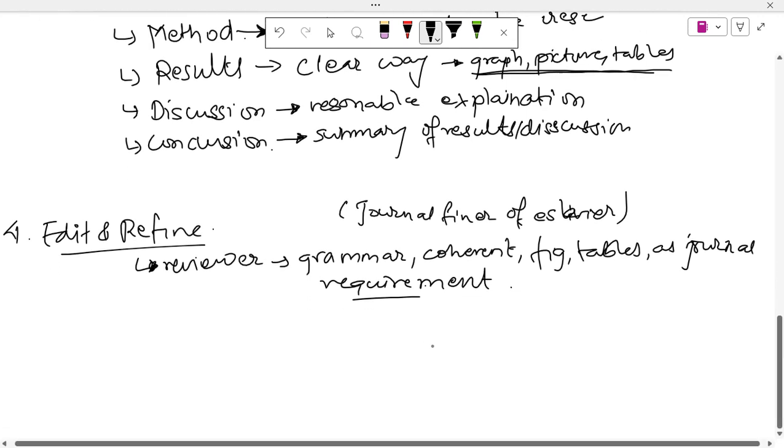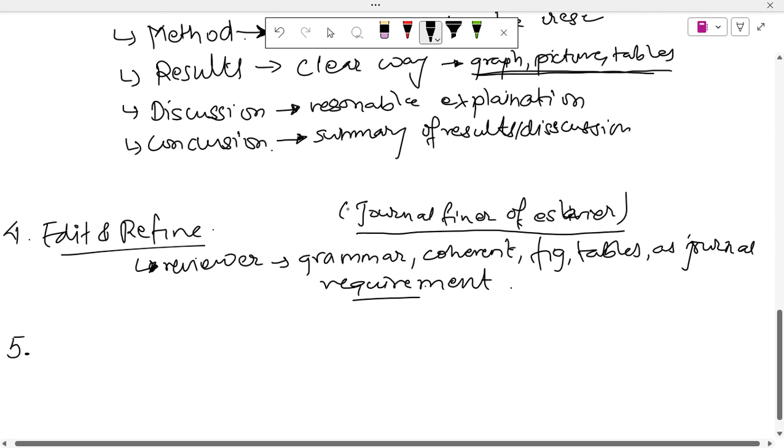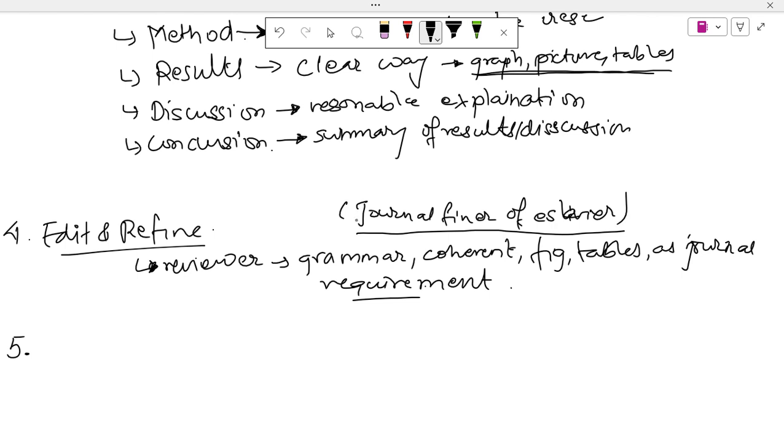Now, after you have correctly chosen the right journal and you have edited and refined it, you need to follow the submission guideline. What are submission guidelines?